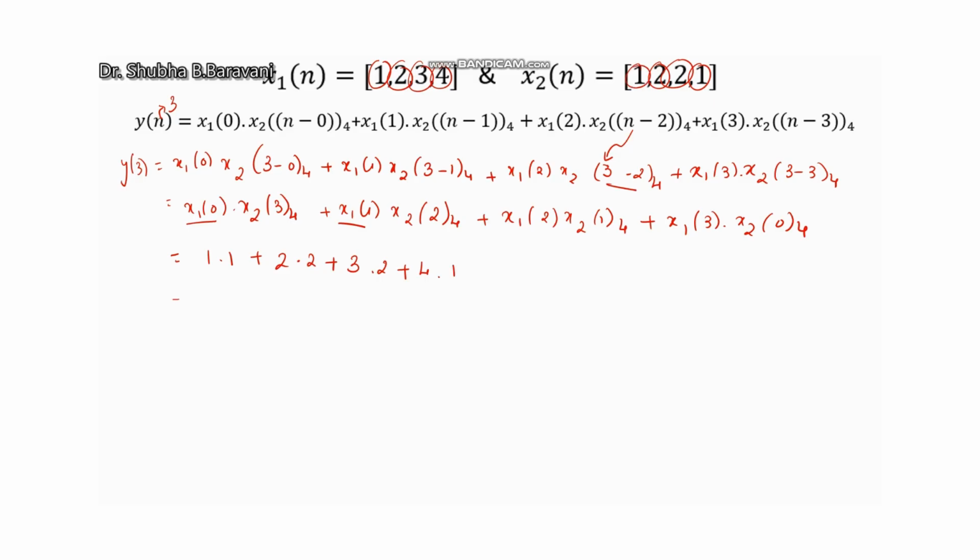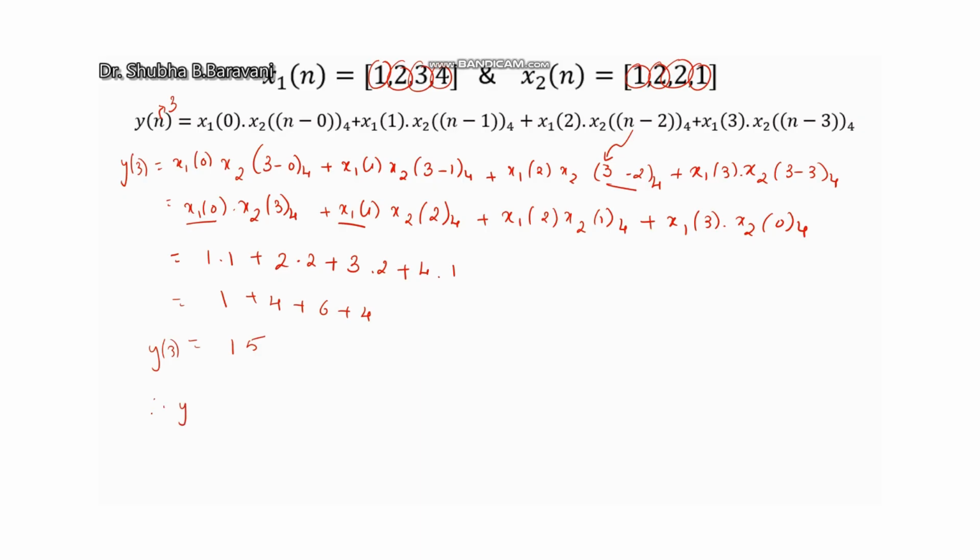Right? So this is what 1 plus 2 2s are 4, 3 2s are 6, 4 1s are 4. So when I add up, it answers to be 6, 4, 10, 14, 15. Right? So this is my y of 3.